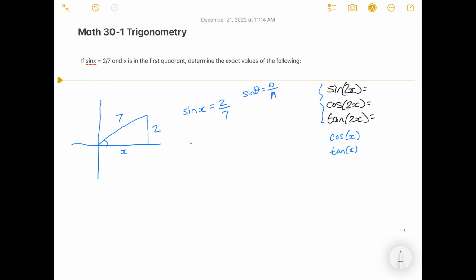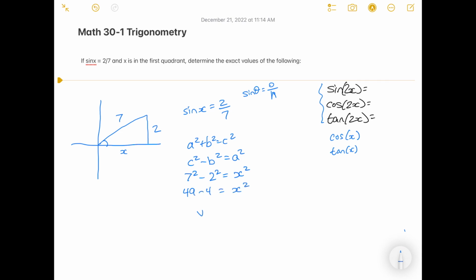So this is going to be the Pythagorean theorem. I'll go a little quick through this. I know my hypotenuse: c squared minus b squared equals a squared. 7 squared minus 2 squared equals x squared. So 49 minus 4.